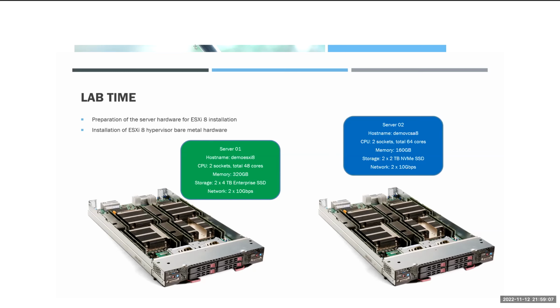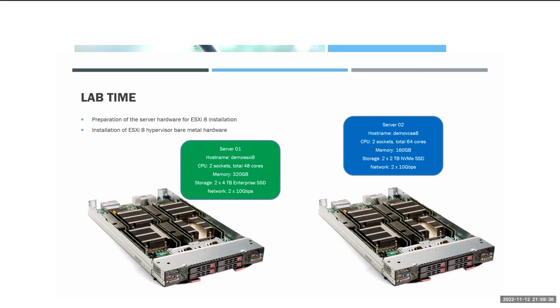So we have a server hardware having two sockets, two physical processors, and each socket has 24 cores. So in total we have 48 cores in server one, and we have 320 GB RAM. So do not worry, if you want to practice this product on your laptop, you only need 8 GB of minimum RAM in your laptop if you want to prepare a home lab for ESXi installation. But if you also want to install vCenter Server, then obviously you need more RAM.